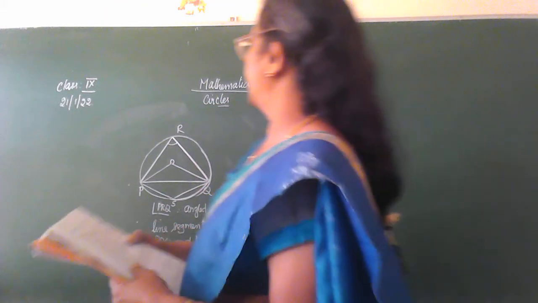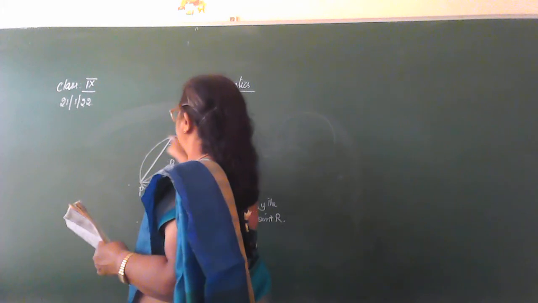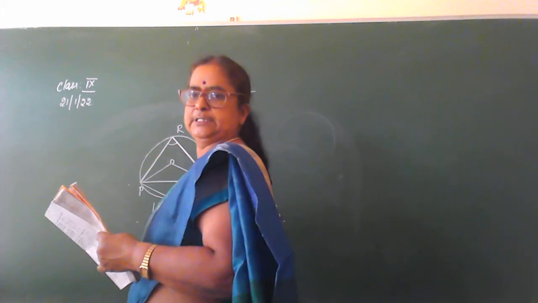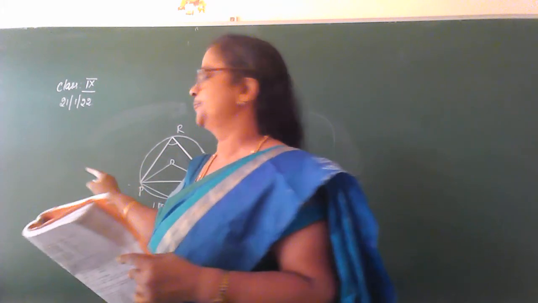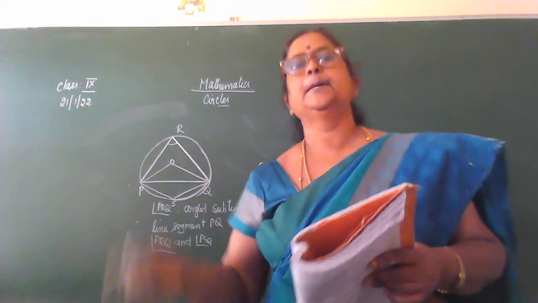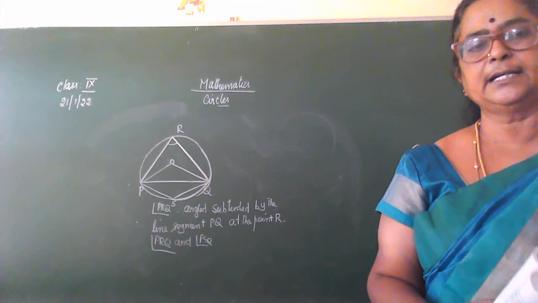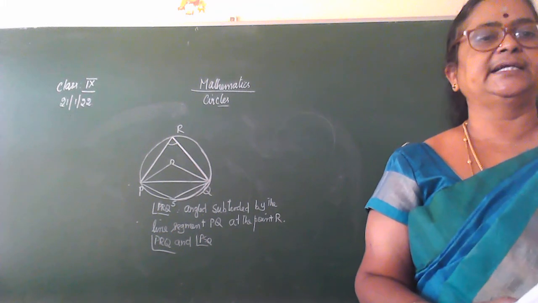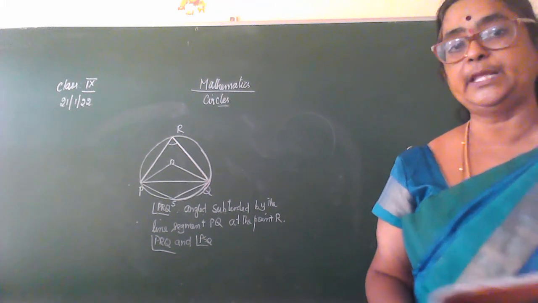But R lies in the major part of the circle, so major arc. Whereas S lies in the minor part. So the angle subtended in the circle is also to be explained.